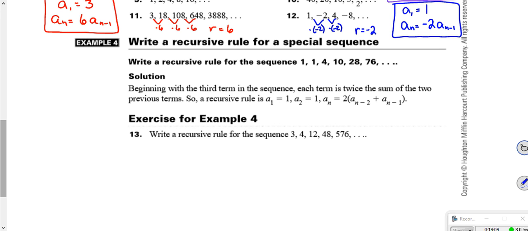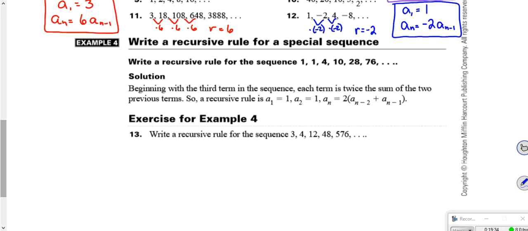So the preceding term behind the preceding term. So it could rely on 2 preceding terms. So look at this example. It says write a recursive rule for the sequence 1, 1, 4, 10, 28, 76.